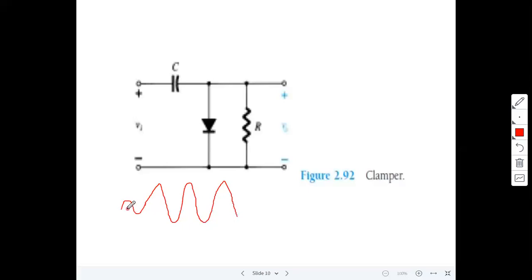In such cases the resistor is used to discharge; it provides the discharge path for the capacitor. Suppose up to here the input is 3 volts, and now it is shifted to 5 volts.